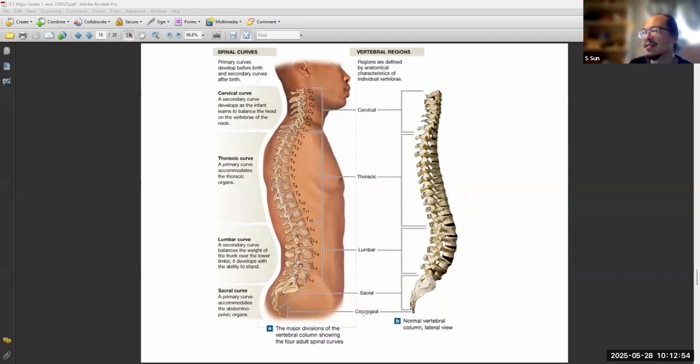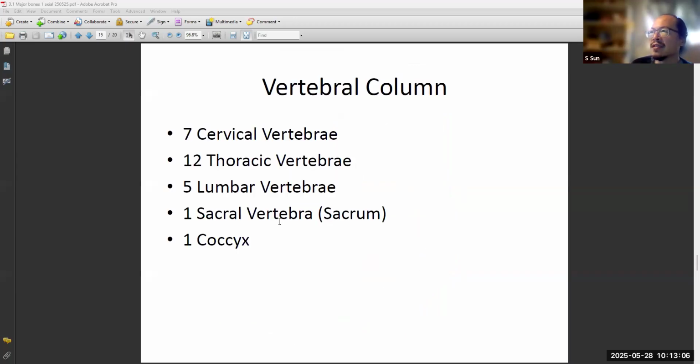It says coccygeal, but you can also find coccyx. So you have these bones. So I summarize here: 7 cervical, 12 thoracic, 5 lumbar, sacral or sacrum, coccyx.